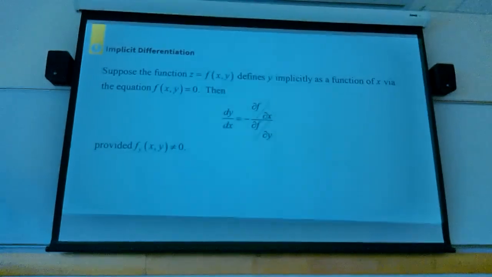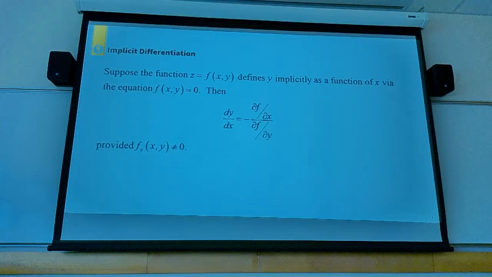First, revisit the two-variable implicit. So say that f of x, y defines y implicitly as a function of x via the equation f of x, y equals 0.